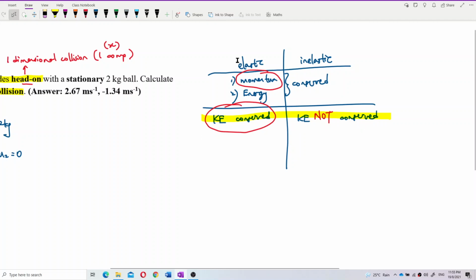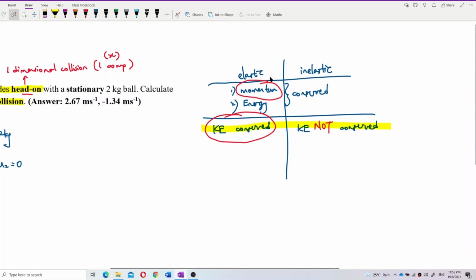For elastic, you can use both total momentum and total kinetic energy.